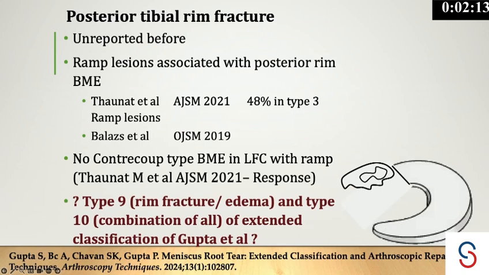In addition to this, although bone marrow edema of the posterior tibial rim has been reported in association with ramp lesions before, there was no report of fracture of the rim in association with meniscus and ramp lesions. In response to our letter in AJSM, Thaunat and colleagues responded that in their series of 2,000 odd cases, they did not find a contrecoup type of bone marrow edema in the lateral femoral condyle in association with the ramp lesion.